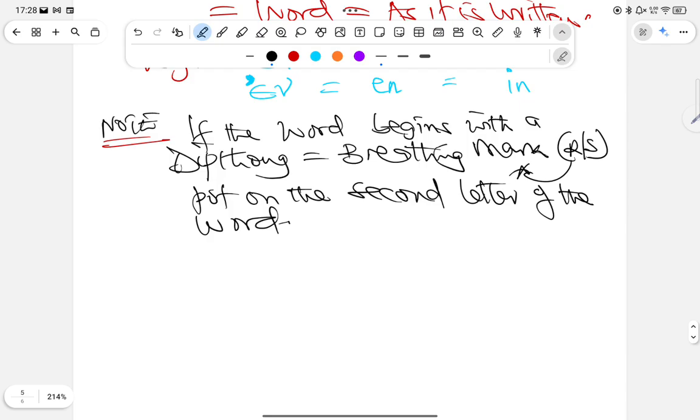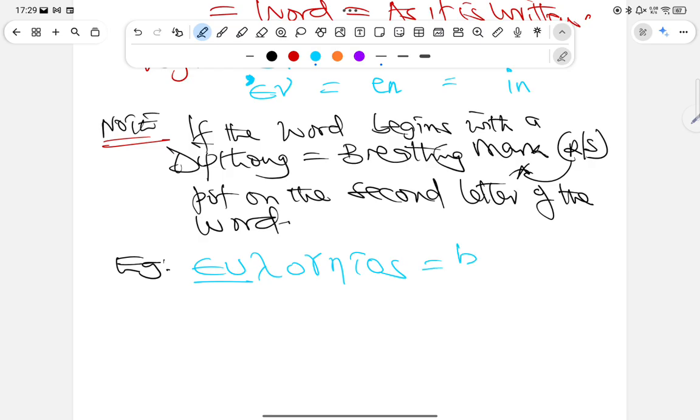Here's an example of what we are saying. We already spoke about this word when we were looking at diphthongs: huiologithos, spelled upsilon, iota, omicron, lambda, omicron, gamma, eta, tau, omicron, sigma. You notice this is a diphthong, which we say means blessed or praise.